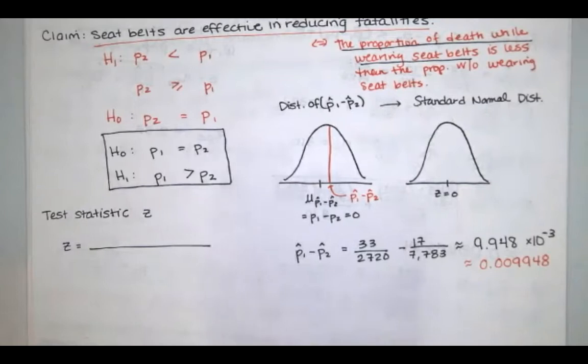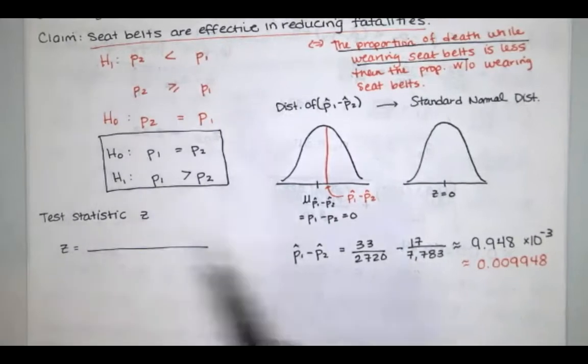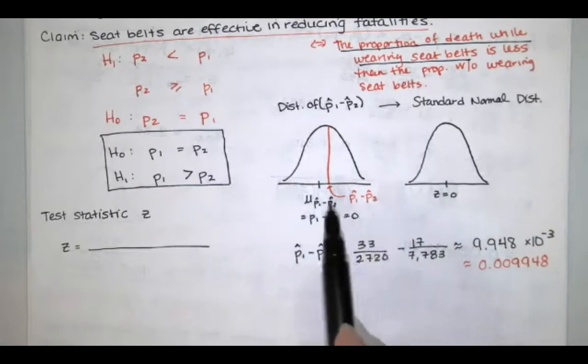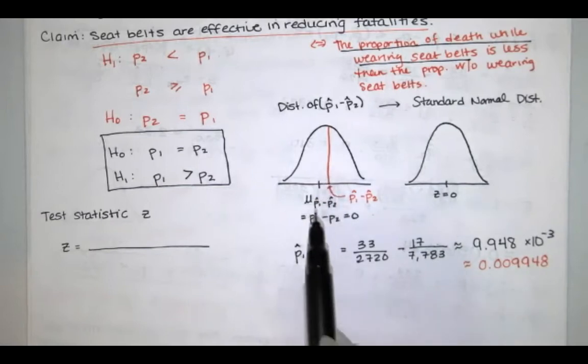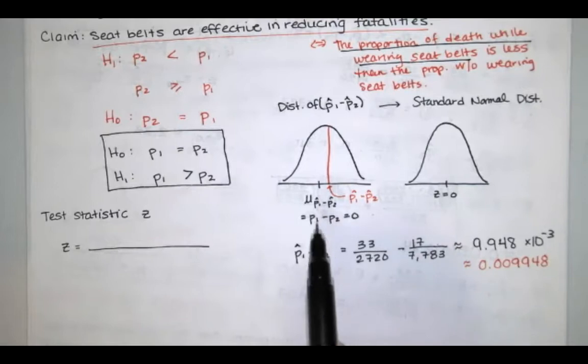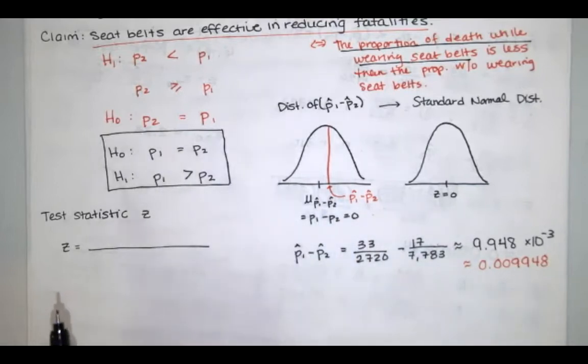Now remember, whenever you're converting from a sample statistic like p1 hat minus p2 hat to a z-score, what you're doing is finding the number of standard deviations that p sub 1 hat minus p sub 2 hat is above the mean, provided that the mean of this distribution is equal to 0. And remember, if the mean of this distribution is equal to 0, that means that the null hypothesis is true.